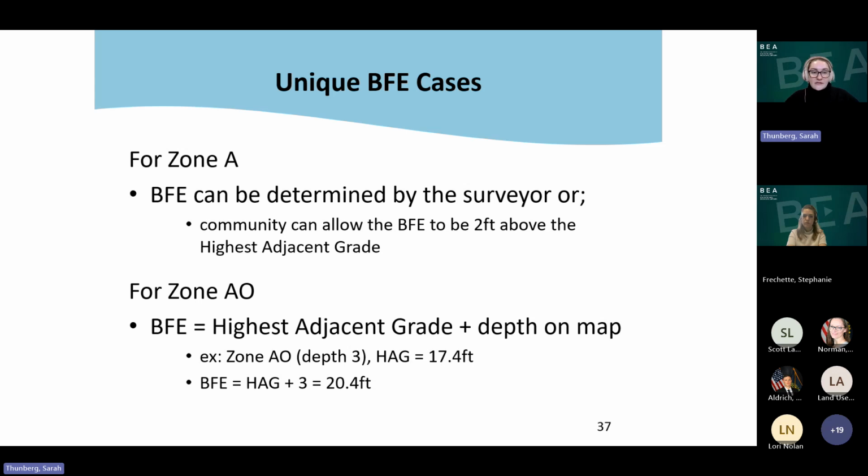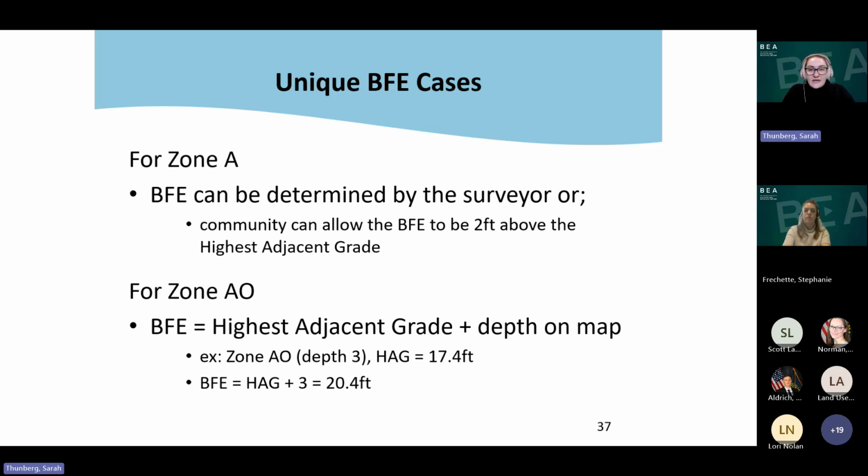So another unique BFE scenario is in AO zones. So these are zones with areas of shallow flooding. And generally on the flood insurance rate map, you will see zone AO depth either 1 through 3 feet.